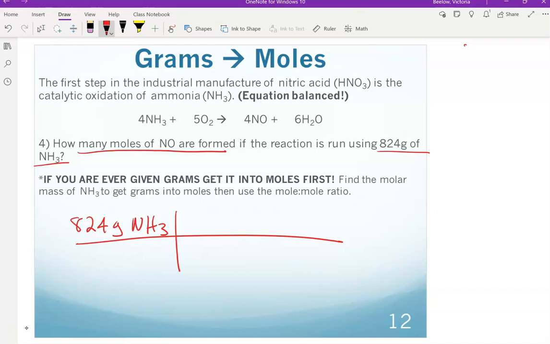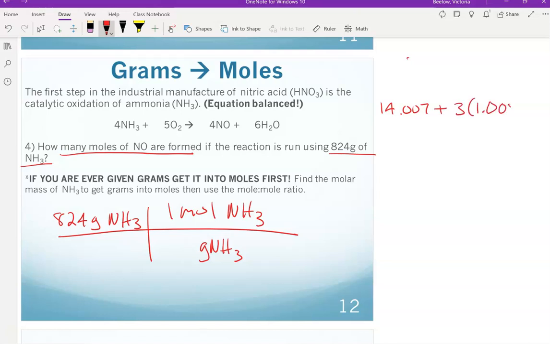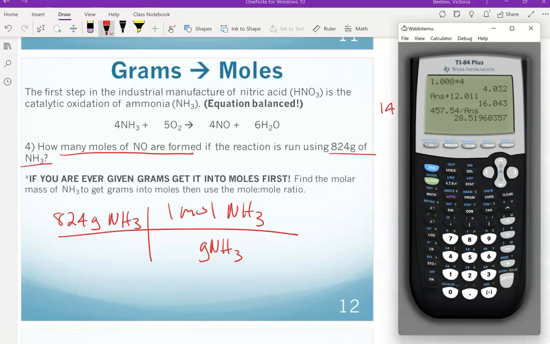So since I'm in grams, the first thing I have to do is convert grams into moles. So I have to find the molar mass of NH3. All I'm doing is converting grams into moles using molar mass. So nitrogen is 14.007 plus we have 3 hydrogens, so 1.008 times 3 plus 14.007.